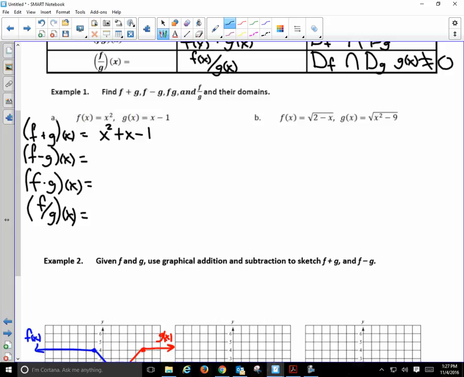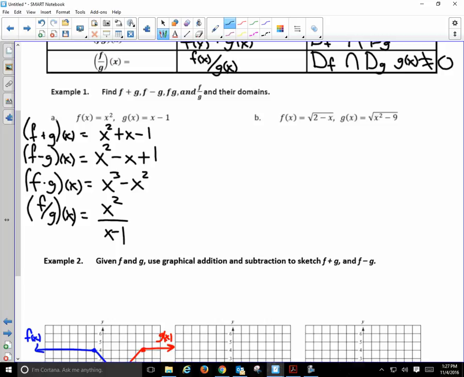If I subtract them, what should I do with the subtraction sign? Distribute it through. If I multiply, it's x cubed minus x squared. And f divided by g, just write x squared over x minus 1.